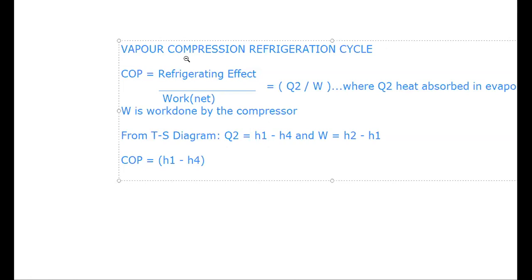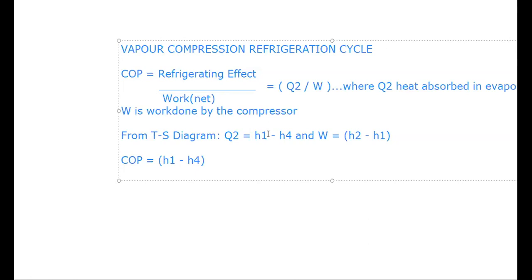That means if you look in the pH diagram, the enthalpy diagram, on the right side, whatever difference between point number 2 and point number 1, the enthalpy difference, that is nothing but the work taken by the compressor. So that's why I have written here W is equal to H2 minus H1. Clear, right?